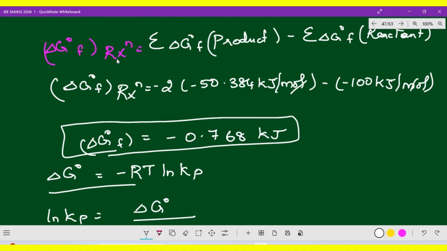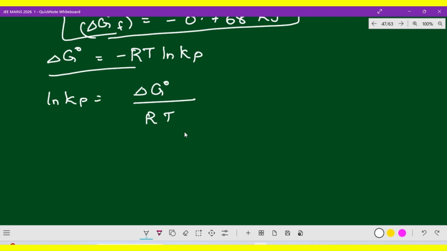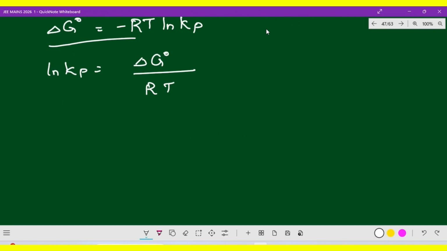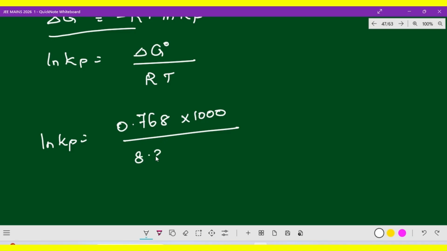So we are getting that value. R is 8.3 and T is 298 Kelvin, and since it is in kilojoule, kilo means 1000. So let us apply the values. ln Kp equals minus 0.768 into 1000, 1000 for kilojoule, divided by 8.3 into 298 Kelvin.